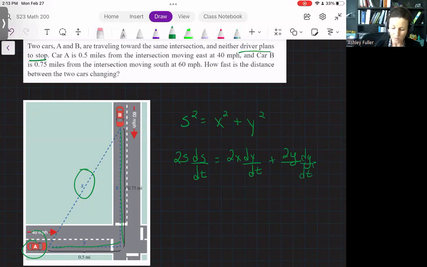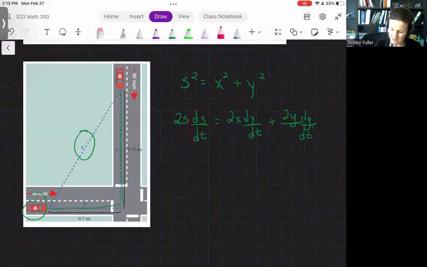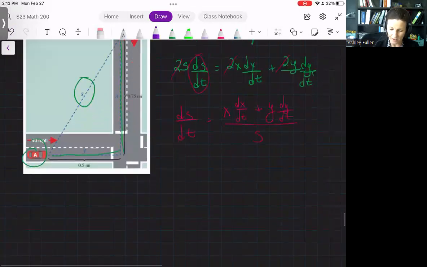In this case, we're trying to find ds over dt. So when we solve this, we divide everything by 2s, and notice the 2s all cancel out. So we end up with ds over dt equals x dx/dt plus y dy/dt all over s. Notice that as x and y are decreasing, their velocities are going to be negative. And so we can substitute in the values that are given to us.